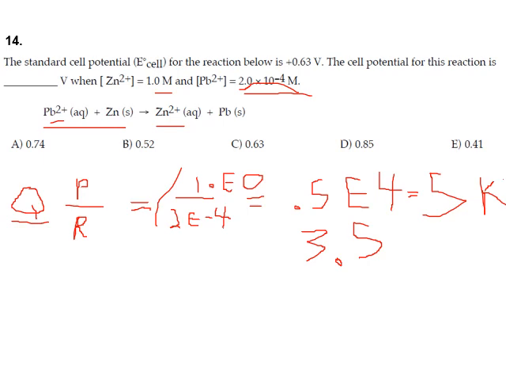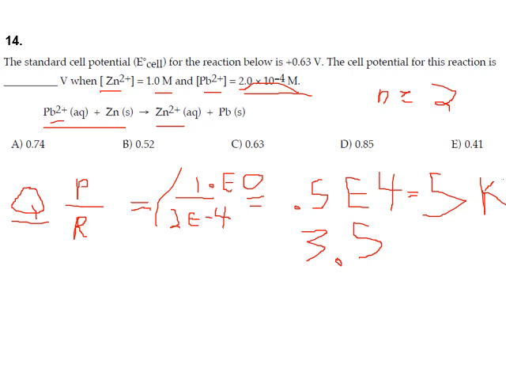What is that multiplied by? Well, what is n going to be? It's going to be 2, because both of these are 2 plus. Both need 2 moles of electrons to get them to the metal. So n is going to be 2. Let me write that at the top. And then the other thing we need is the 0.0591.